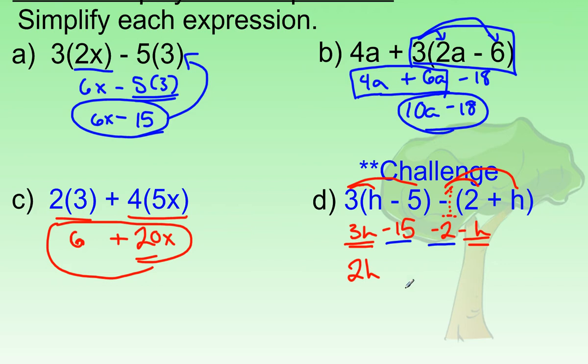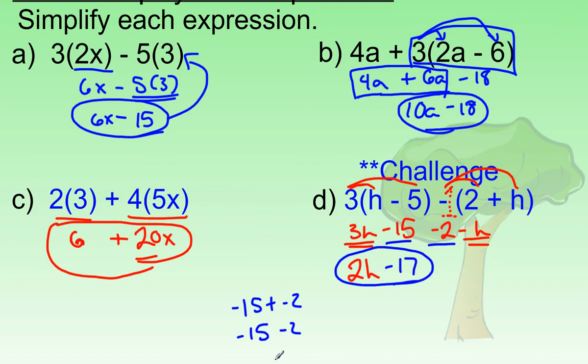So negative 15 minus 2 is going to give me negative 17. You could think of it as negative 15 plus negative 2, negative 15 minus 2, or any combination of negatives and minuses, but this does simplify down to that. And that's as simplified as we can go.